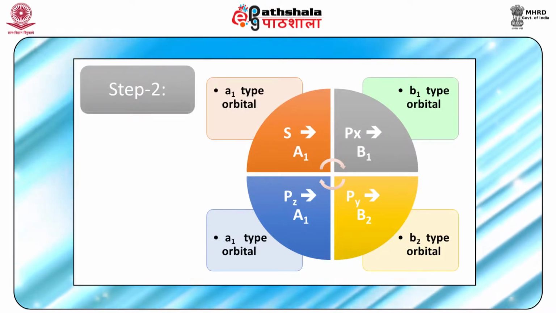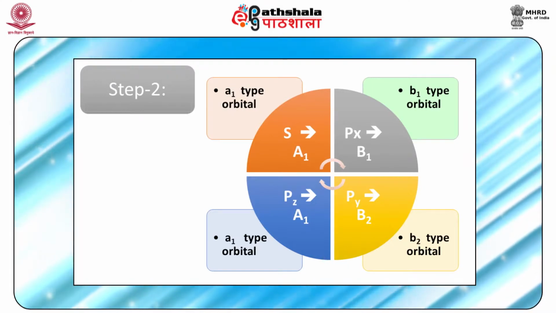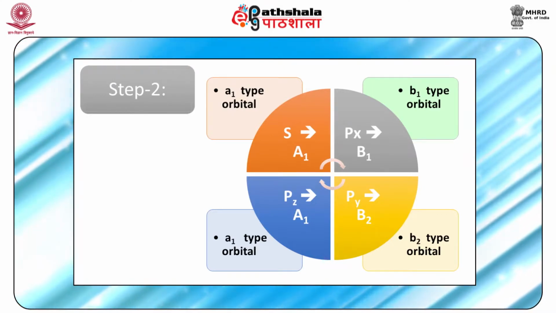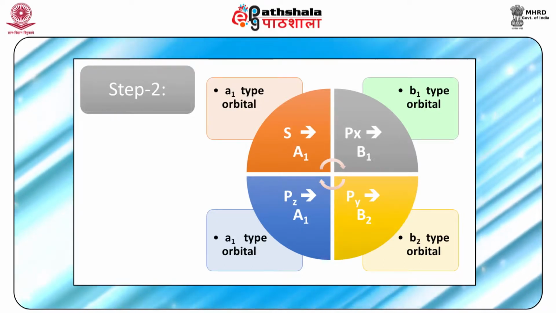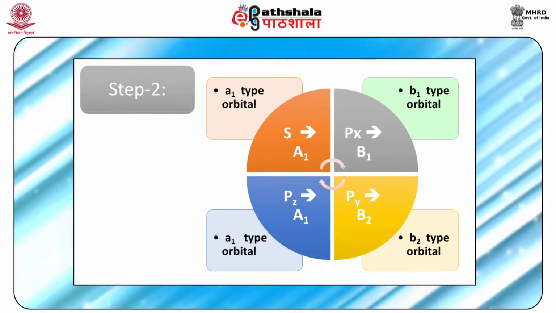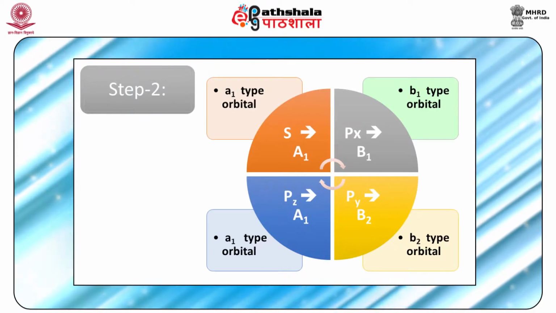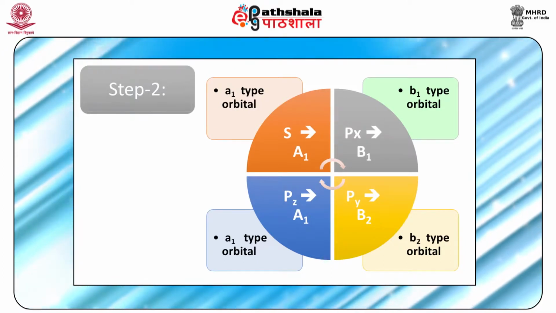Similarly, Px has the symmetry B1 and the orbital is b1 type. That is, orbitals are represented by small letters and their symmetries are represented by capital letters. So, we now have the oxygen atom and their symmetry and type of symmetry orbitals.